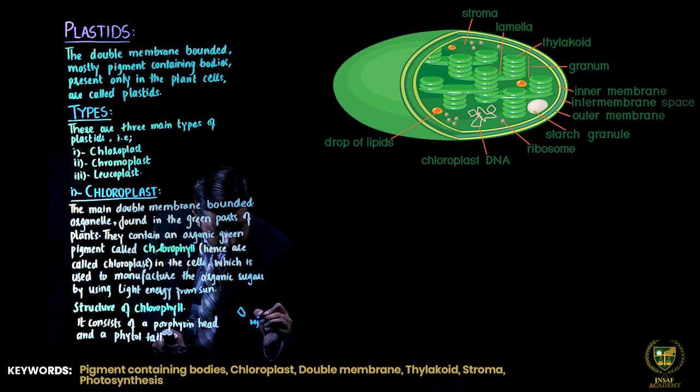Here is the central atom, metal ion magnesium, which is attached with 4 pyrrole rings. The central atom, clear? It's just a dummy, not the detailed structure. That will be studied later.